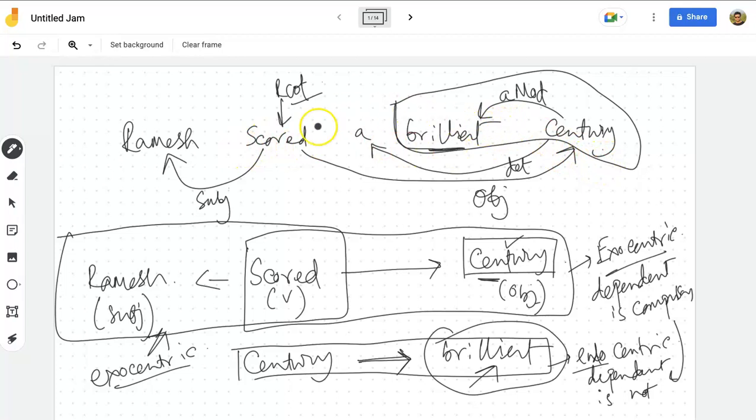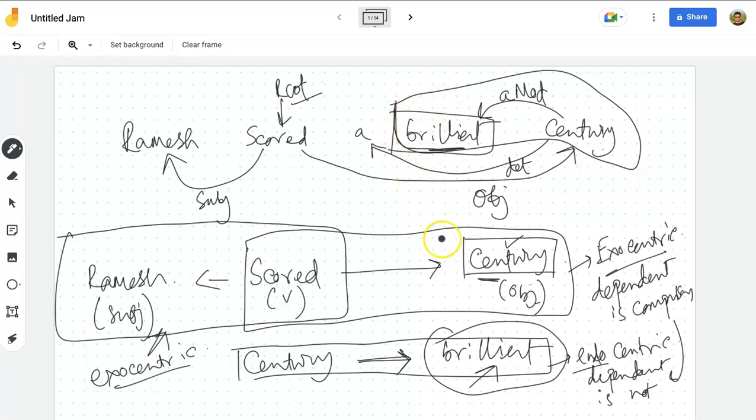Now what is the difference between "Ramesh scored a century" and "Ramesh scored a brilliant century"? The meaning is more or less the same. This brilliant part is just modifying the meaning of the sentence further, but the surface meaning is the same. Without brilliant, we still get the meaning of the sentence.